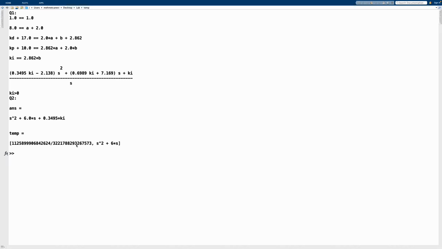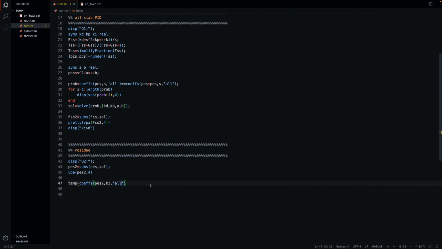Well, we have a coefficient here, which should be 0.3495. And then we have the non-Ki terms. If I divide everything by the non-Ki terms, this would become the numerator, this would become the denominator, and I could define my equivalent transfer function so that I can analyze this polynomial better.